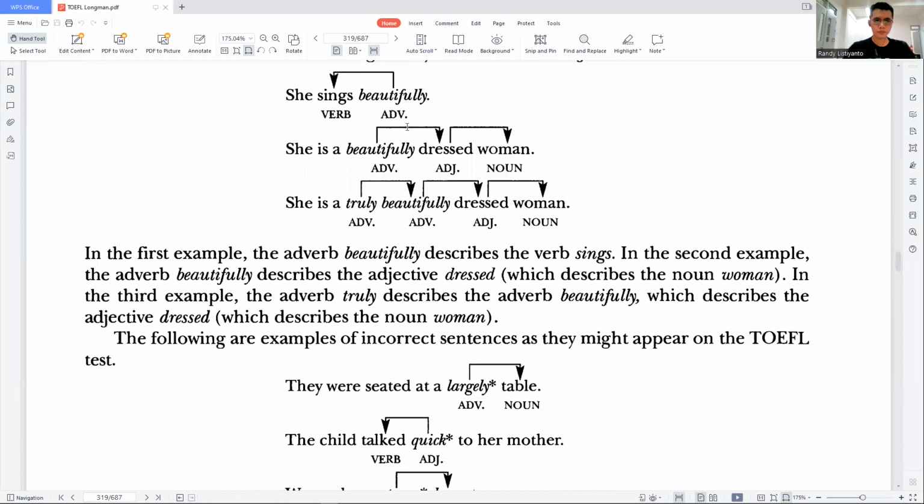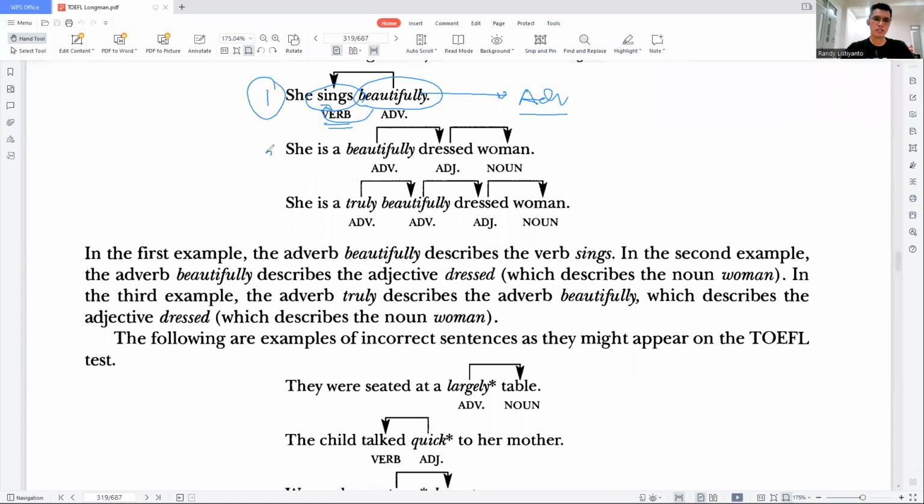Here is an example. The first sentence: she sings beautifully. Beautifully here explains the way she sings. So beautifully explains sings. Sings is a verb, so beautifully is an adverb because it describes a verb.